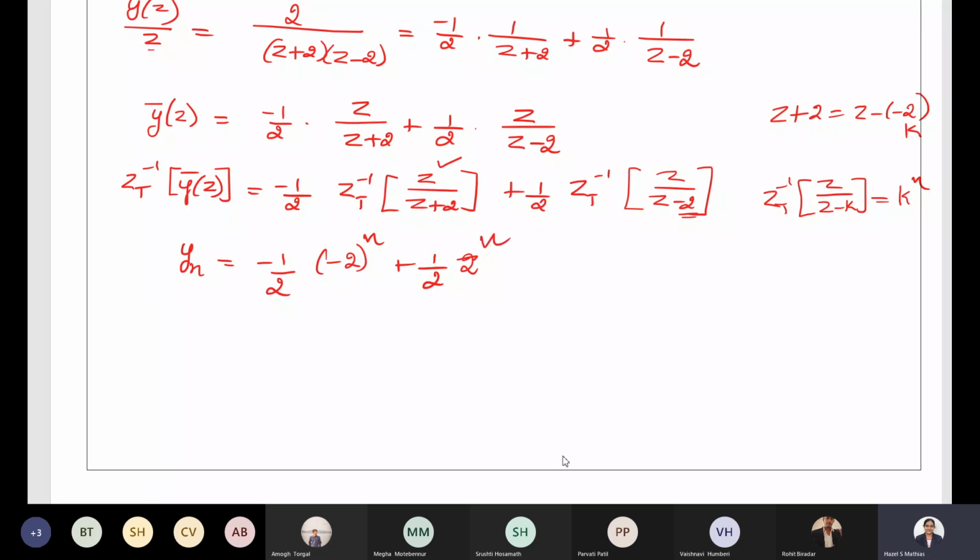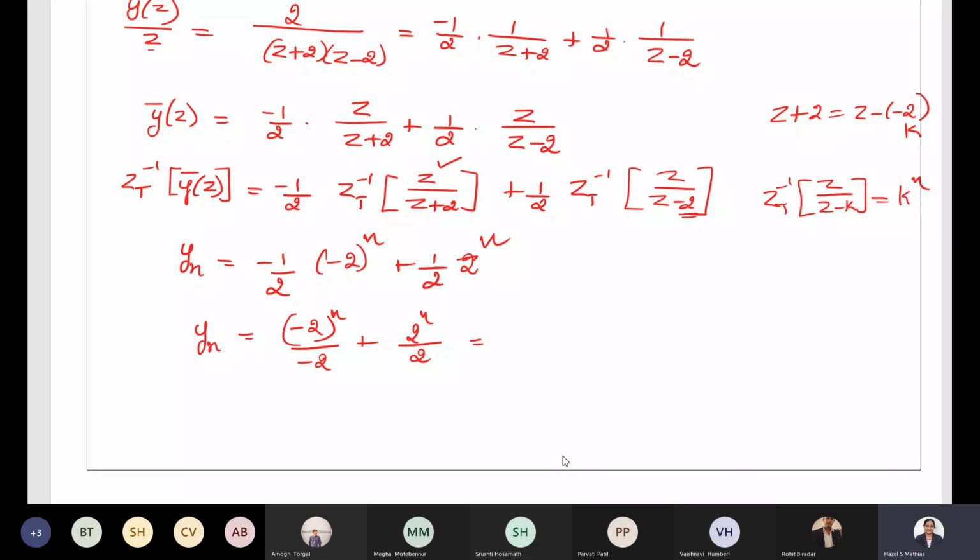Now how can we write y of n? Here, minus half into (minus 2) power n can be written as (minus 2) power n divided by minus 2, plus 2 power n divided by 2. Am I correct? Same thing, I have not written it in some other form.